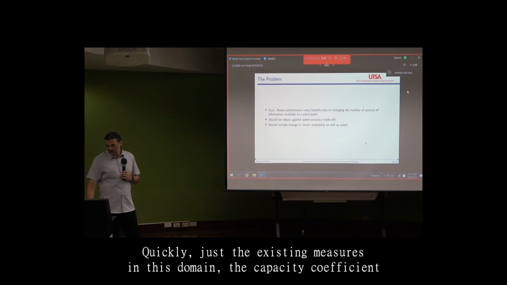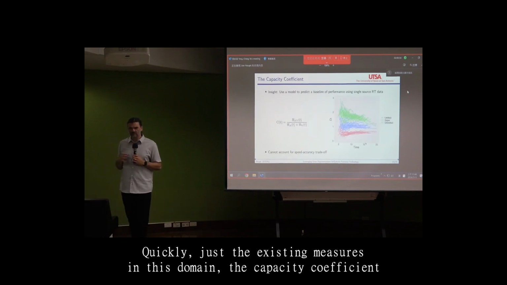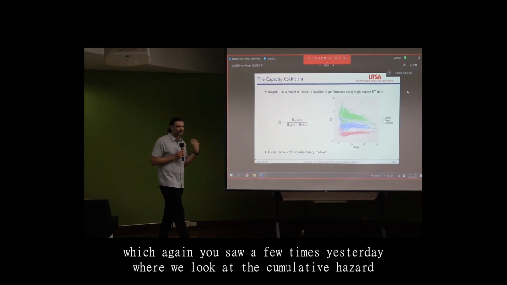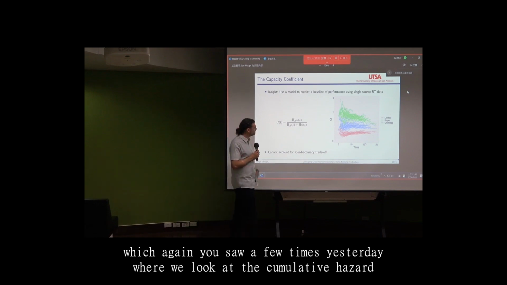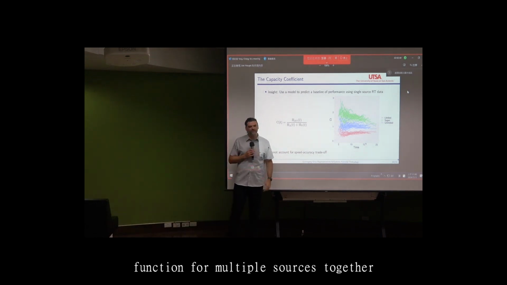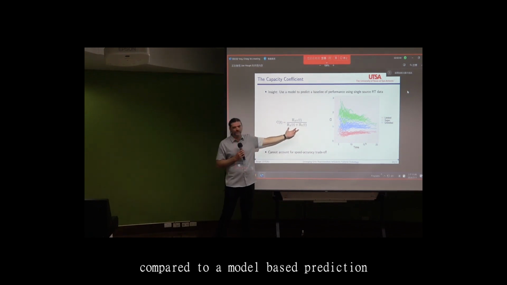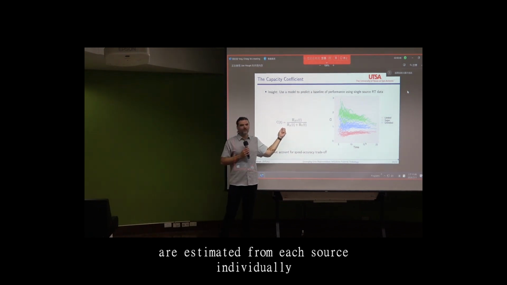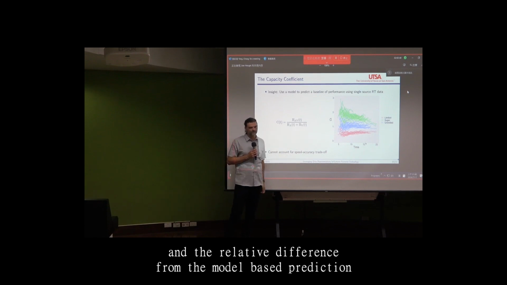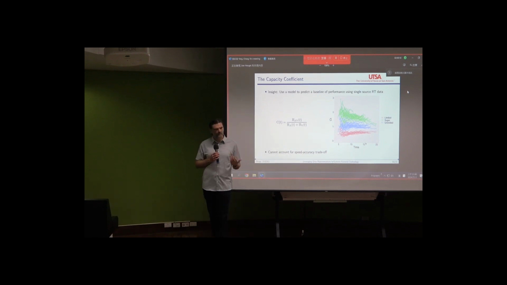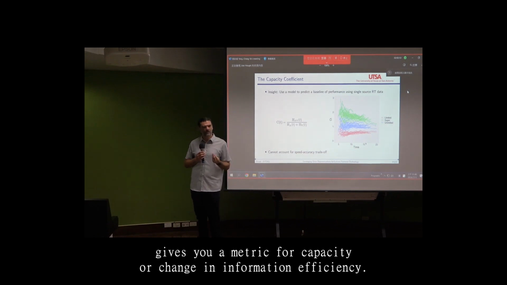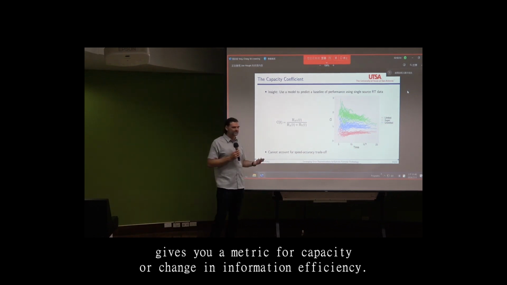So again, quickly, just the existing measures in this domain, the capacity coefficient, which again you saw a few times yesterday, where we look at the cumulative hazard function for multiple sources together, and compare it to a model-based prediction estimated from each source individually. And then that relative difference from the model-based prediction gives you a metric for capacity or change in information efficiency.